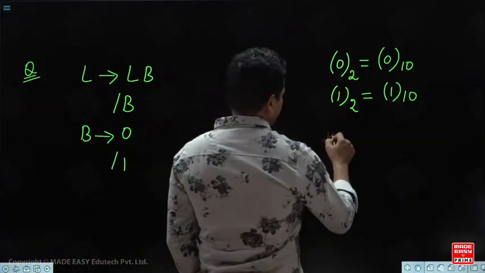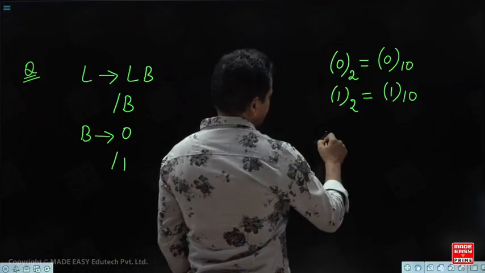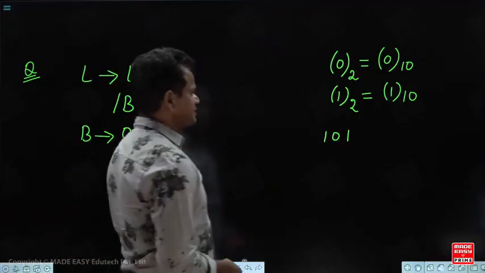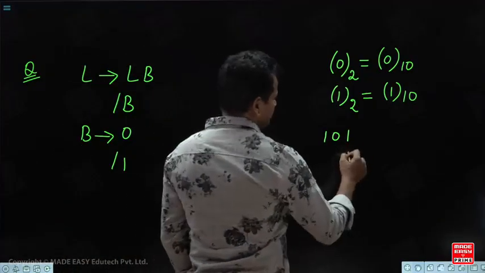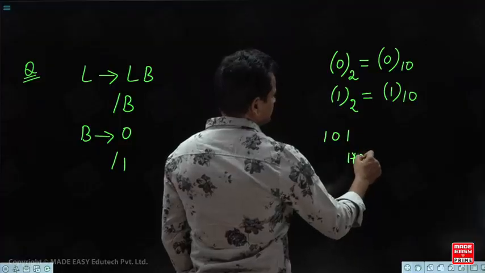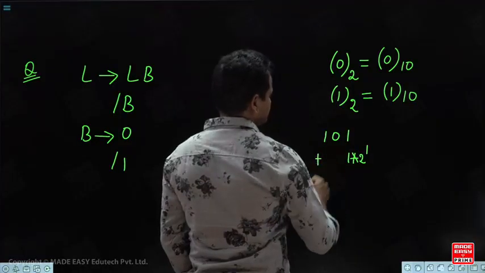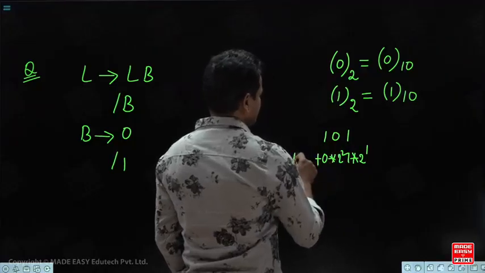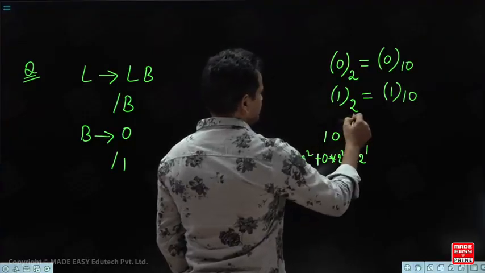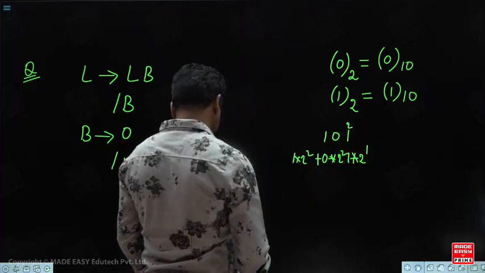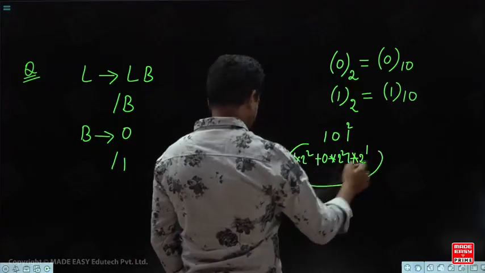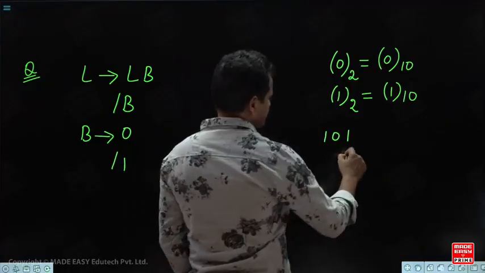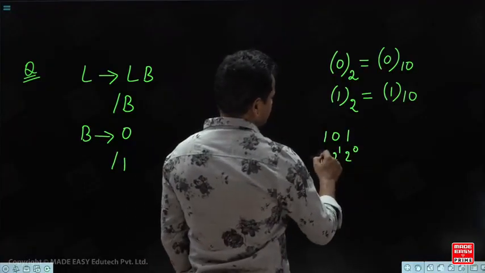Now I want to convert a binary number into decimal representation. What do we do? This is 2 power 0, this is 2 power 1, this is 2 power 2.